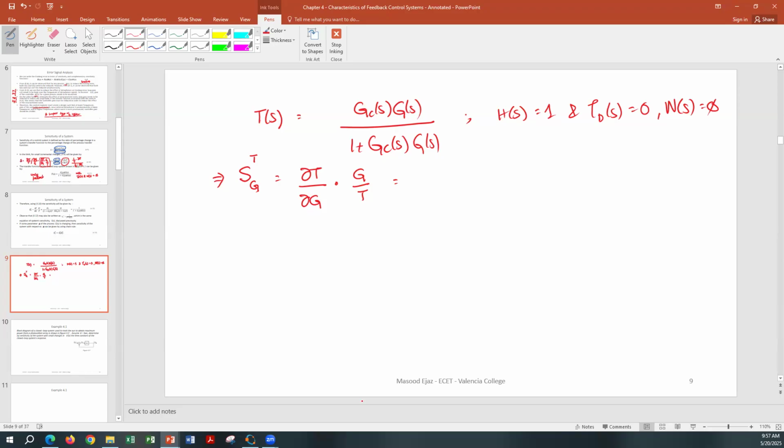So if we apply the derivative property of division, how are we going to do that? dT over dG. If you apply the derivative property with the division u over v, anybody remember? Okay, so v times derivative of u minus u times derivative of v, over v squared, or the opposite of that.